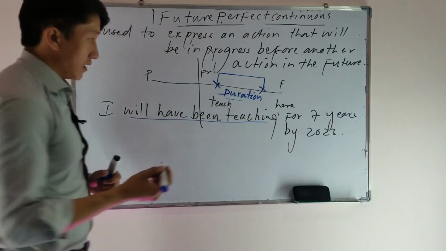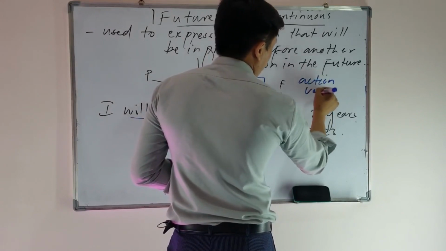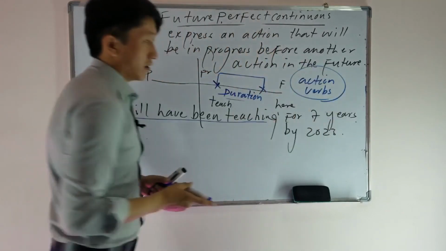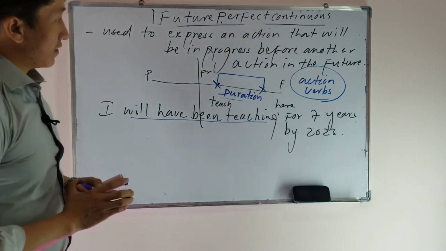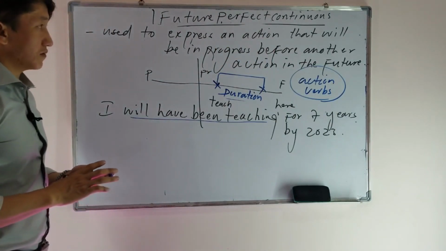As I said, it is mostly used for the duration of action verbs in the future. If I want to talk about the duration of action verbs in the future, I have to use future perfect continuous tense.